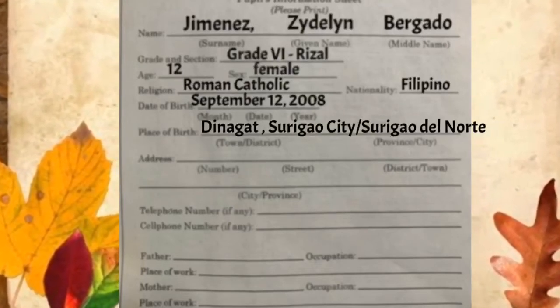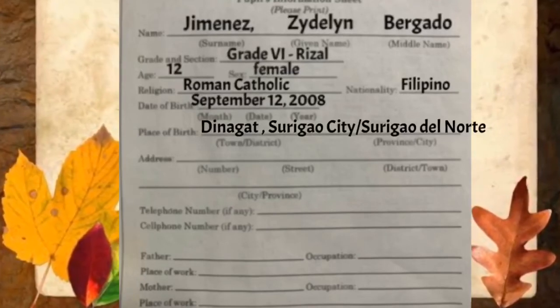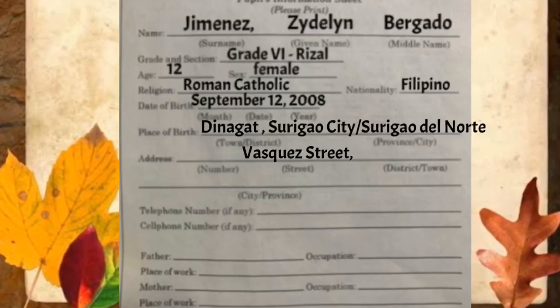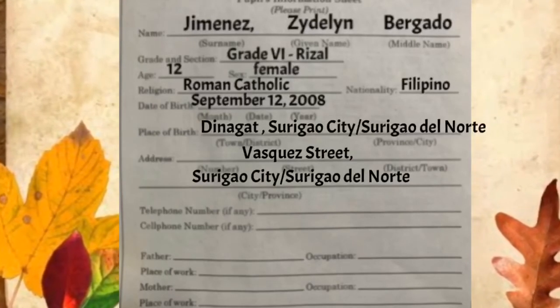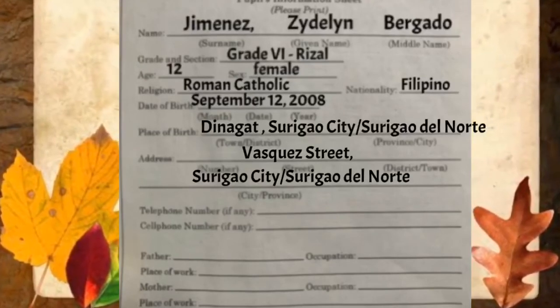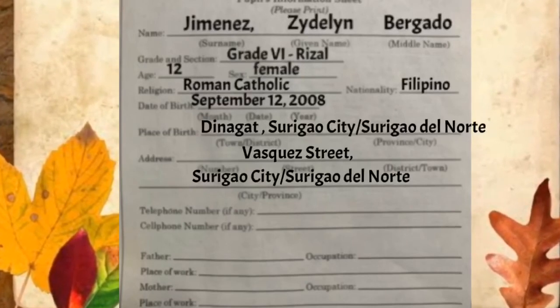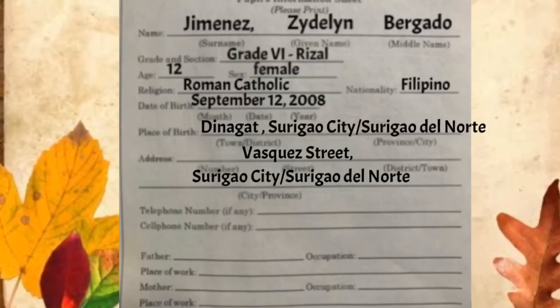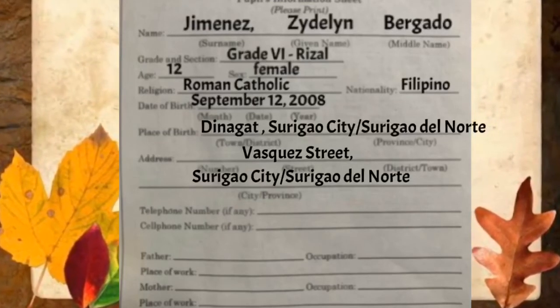In your address, you need to provide your house number, street, block, barangay, city, town, and your province. If in case you don't have a house number, you can leave it blank. In the telephone number, if you do have a number, you can write it there.